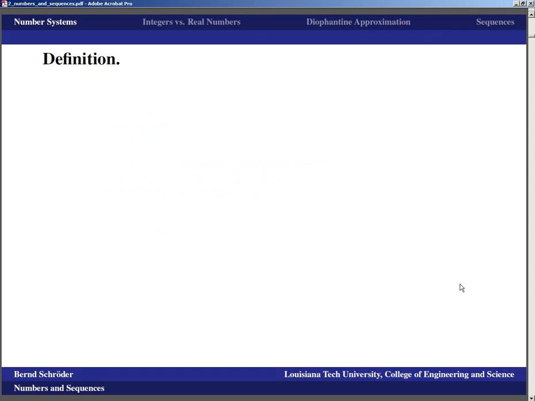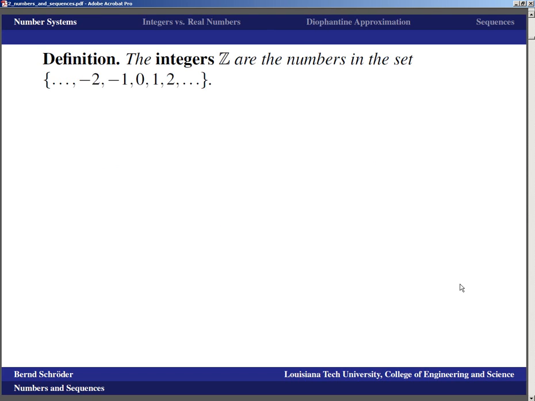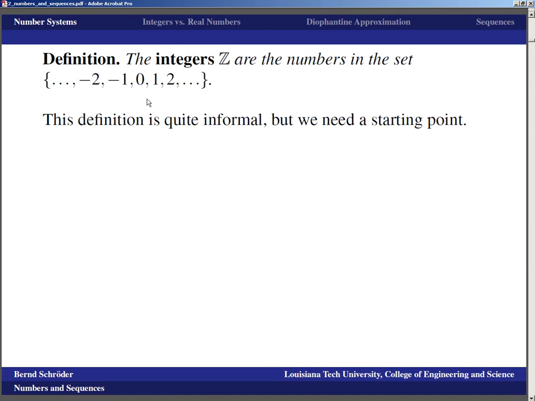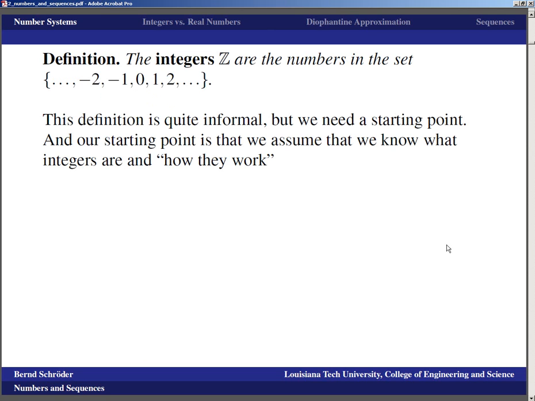Okay, so number systems. Basically, the integers are just the whole numbers. They are the numbers in a set that counts 0, 1, 2, 3, and so on, but which also includes the negatives of these numbers. And that definition is certainly very, very informal, but we do need a starting point. And our starting point will be that we assume that we know what integers are and how they work.